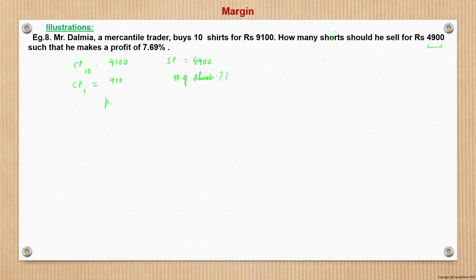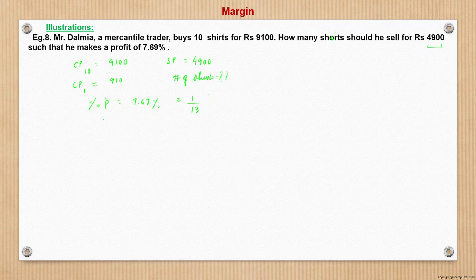However, the profit percentage is given. Percentage profit is nothing but 7.69%. Here again one important thing, 7.69 we should remember is nothing but 1 by 13, from the percentage fraction equivalence which we have seen in the session on percentage. 7.69 can directly be written as 1 by 13.